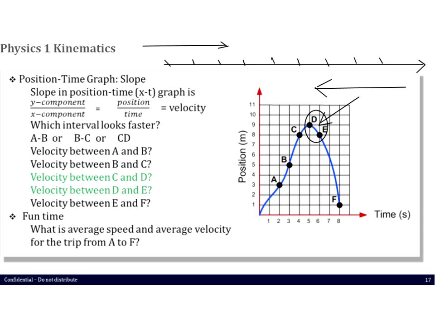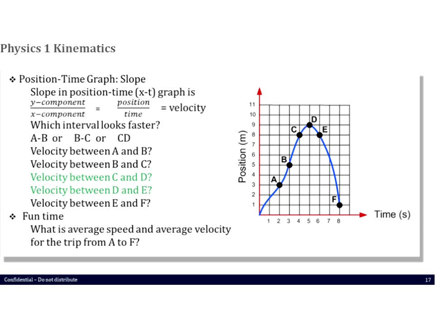Now what about the displacement from E to F? Okay, so final position is 1. Initial position is 8. So displacement will be 1 minus 8, and that is minus 7 meters.